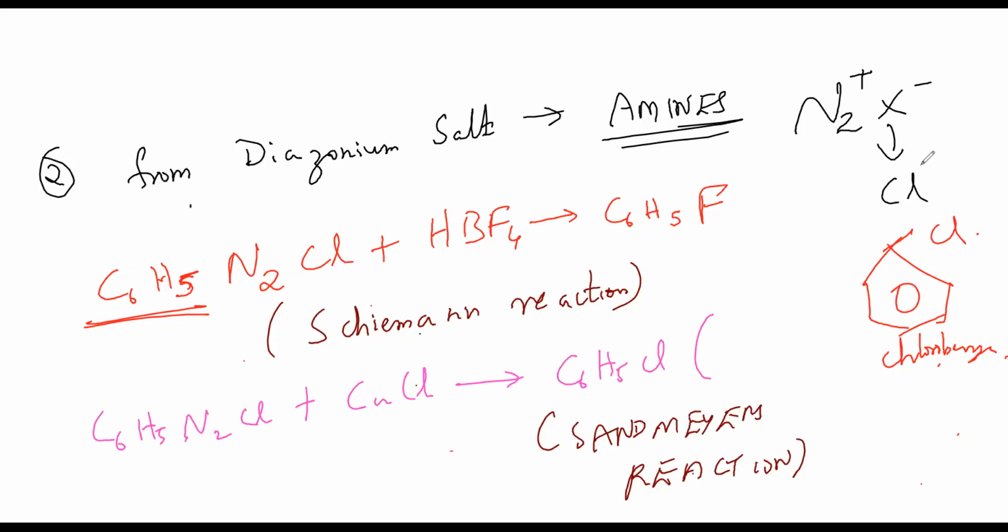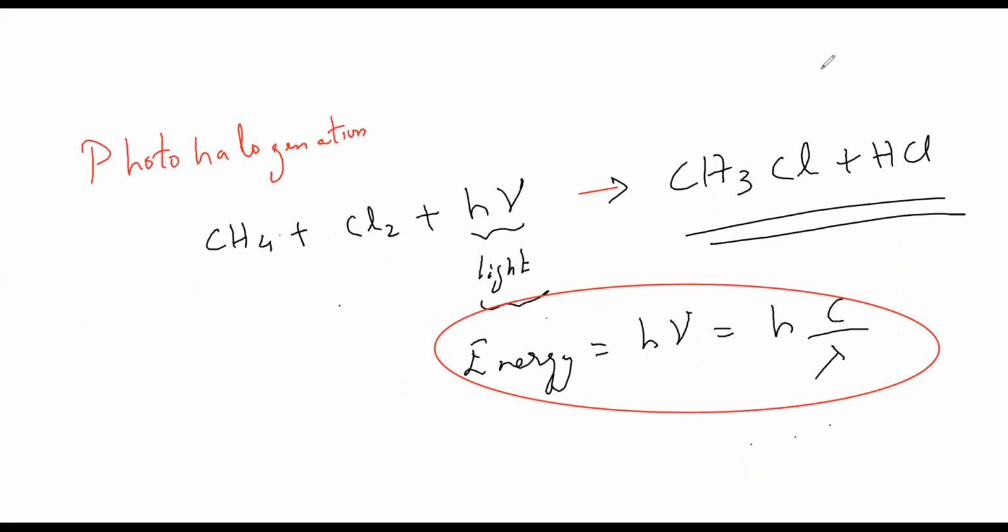The reason I've written down each and every point, like E is equal to h nu is equal to hc by lambda, is that chemistry is actually very easy compared to all other subjects.